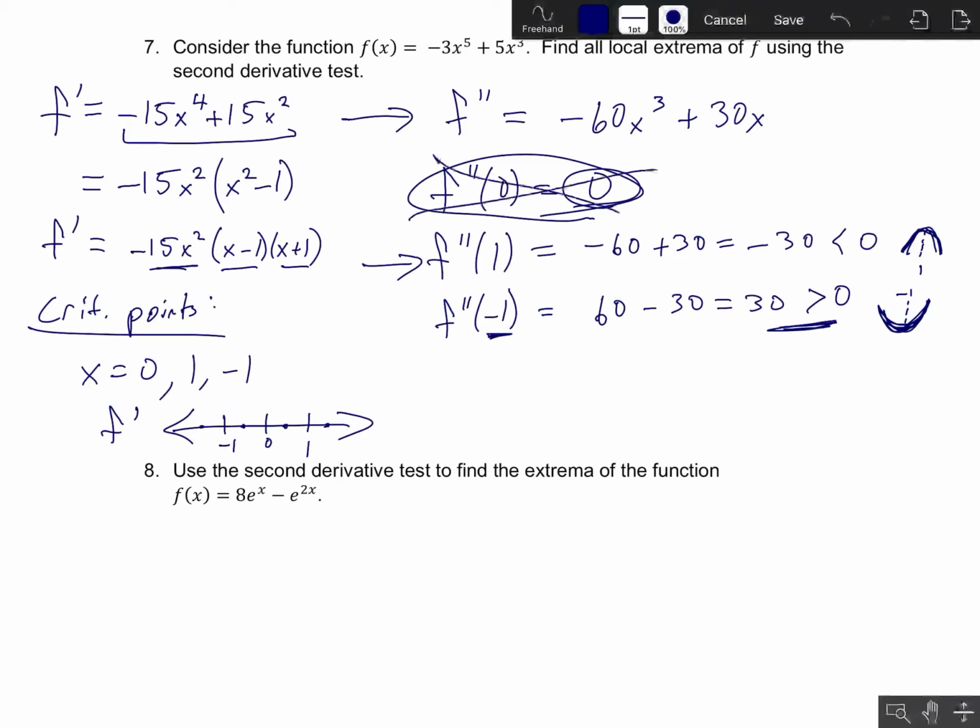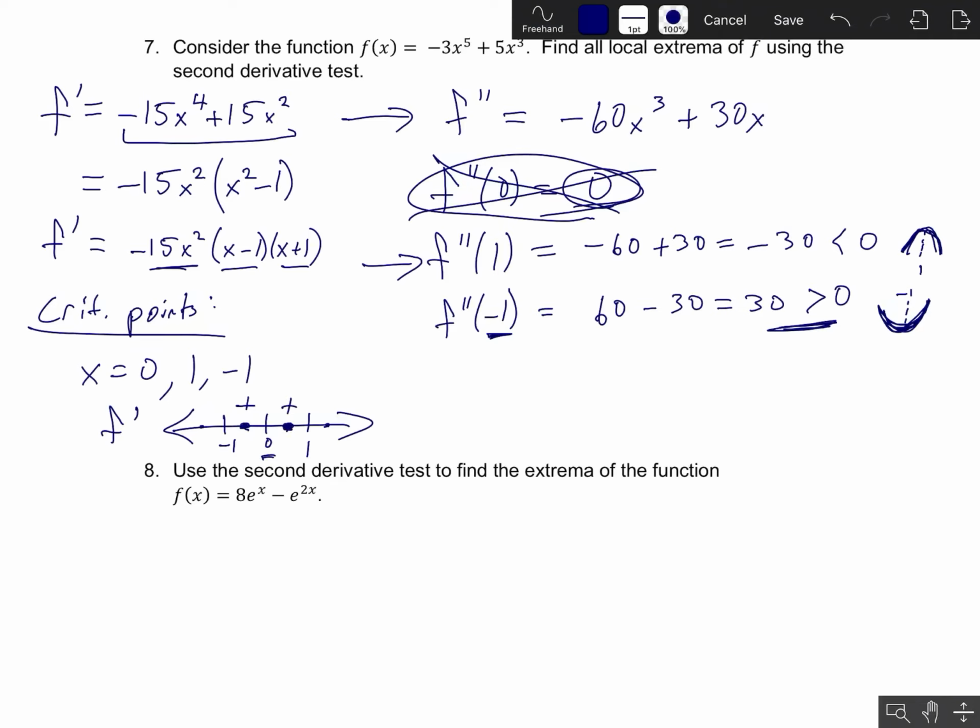So when that happens, what we have to do is fall back on the first derivative test, but we only have to do that for this point at 0. Just to make the video a little bit shorter, I'll skip a step, and I promise you that if you plug in a point over here into the first derivative, you'll get something positive.